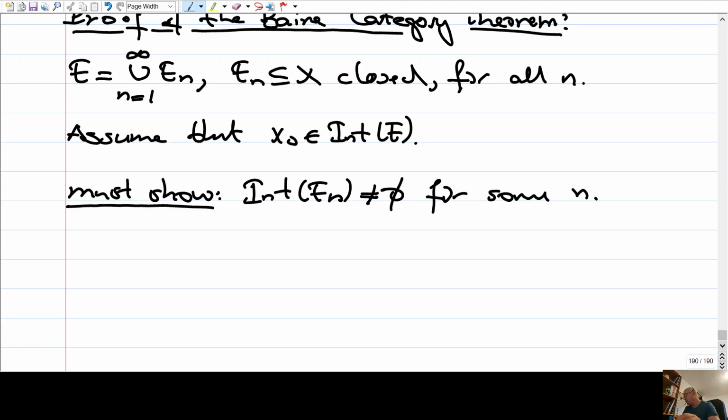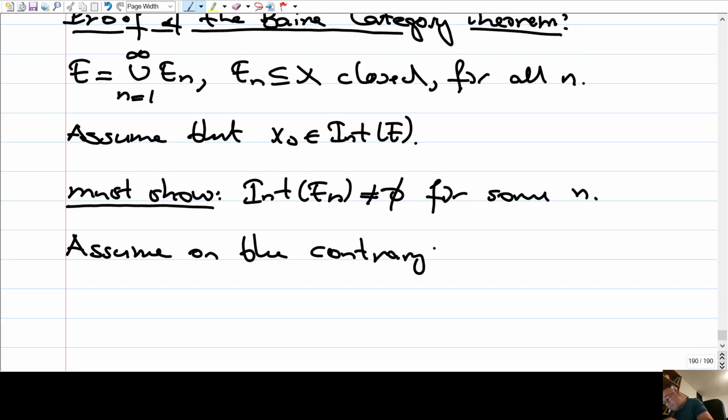And to prove this, we will proceed by proof by contradiction. Okay. Assume on the contrary that each En has empty interior.